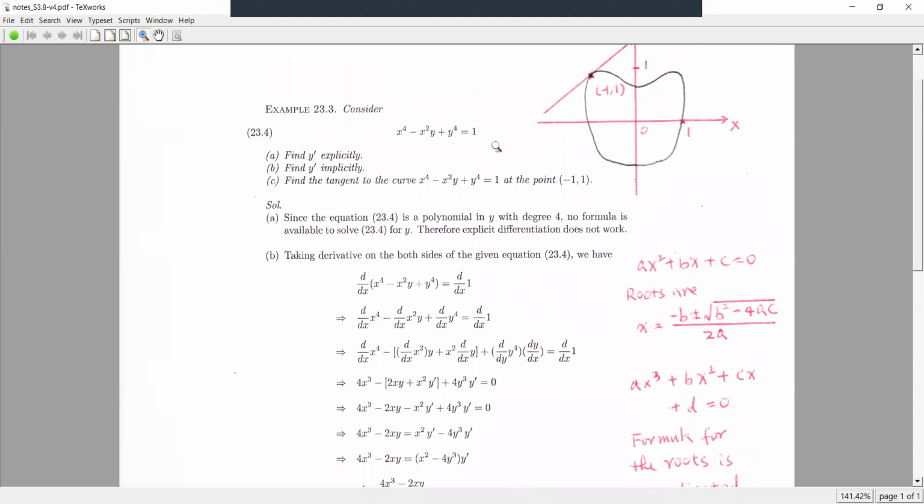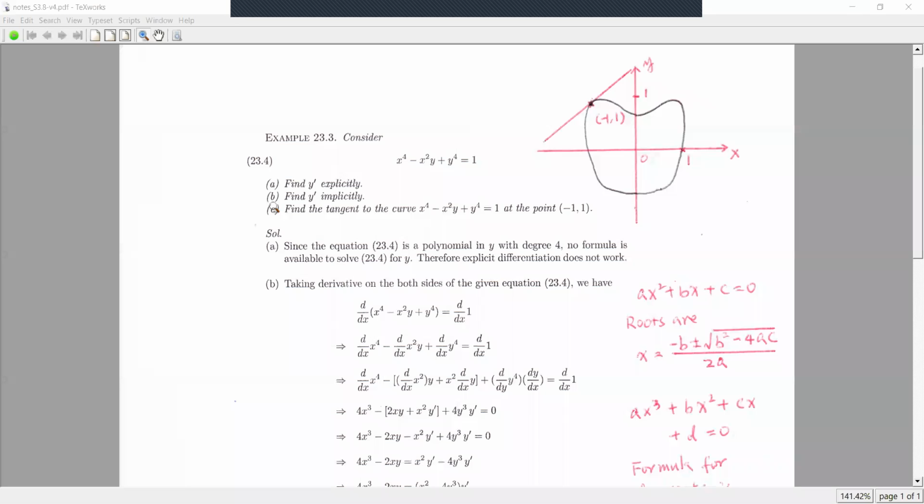So, because the degree is 4, explicit differentiation doesn't work. In other words, there is no solution to part A because we cannot solve the equation for y.